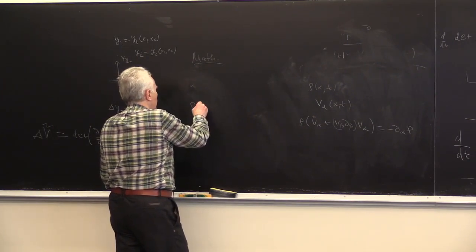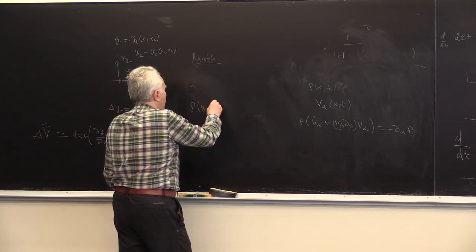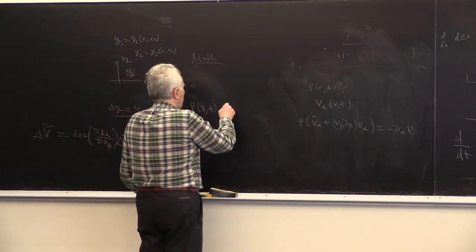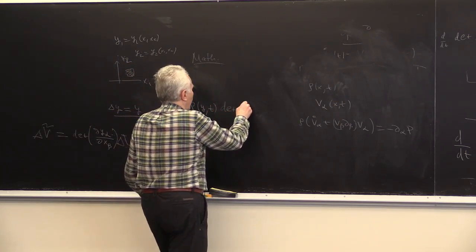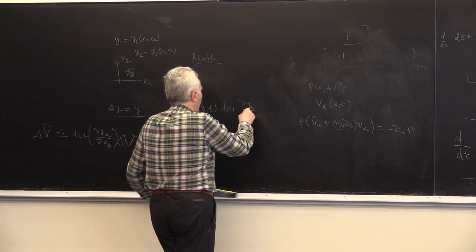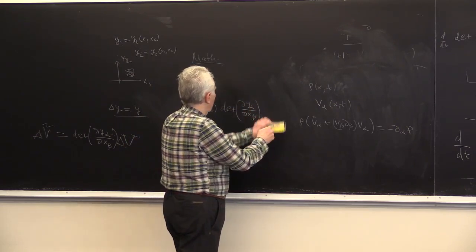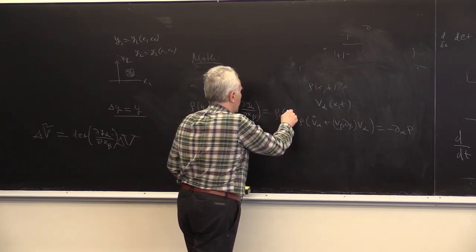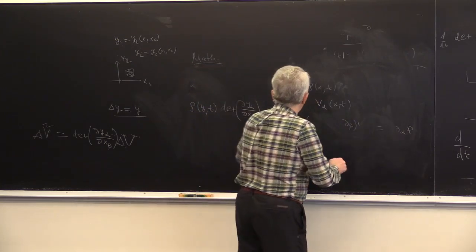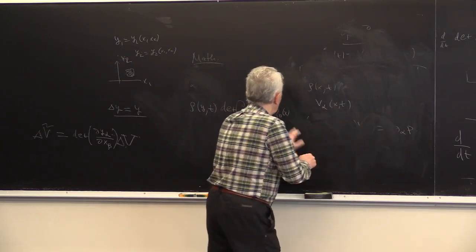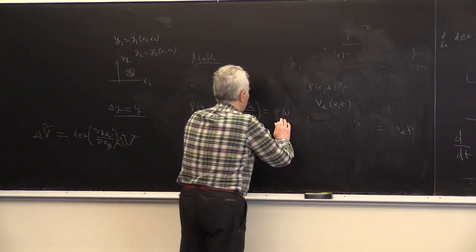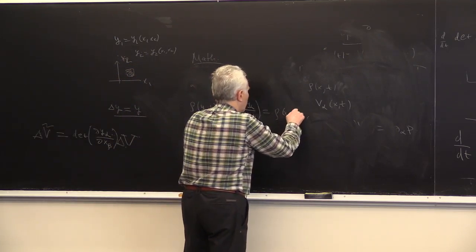Let me write down the answer, and then you will understand. That is equal to rho 0 of x, the initial value of the density at t equals 0, or I can write it as rho of x and 0.